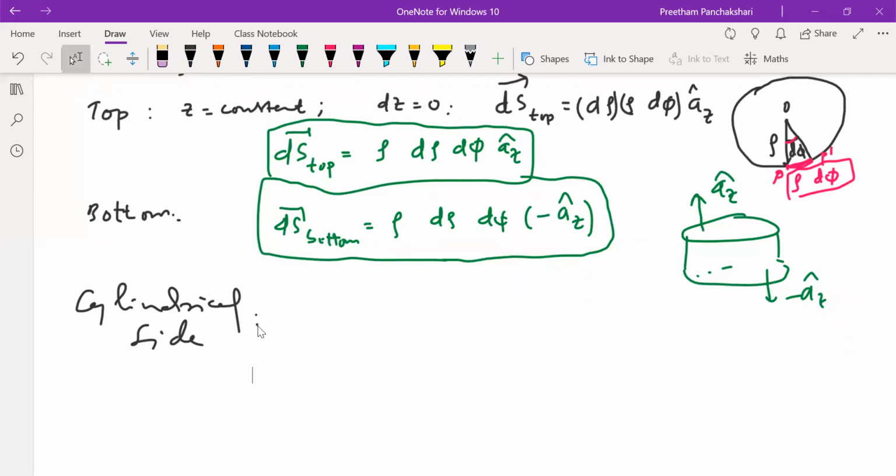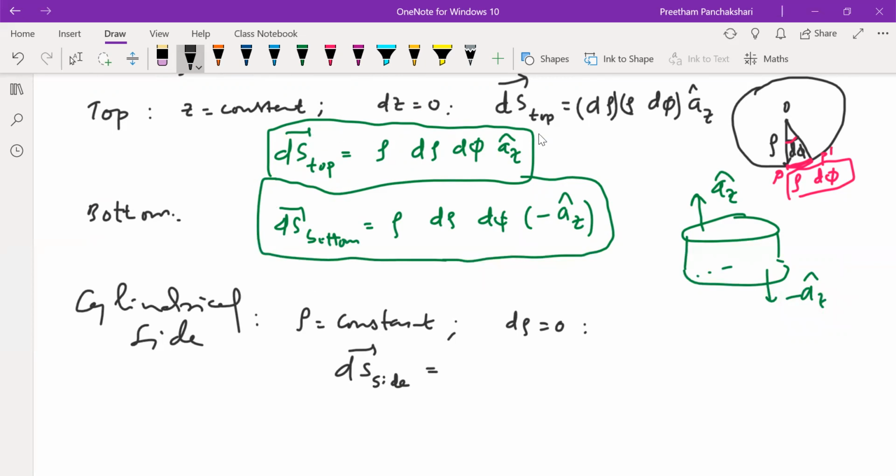When you work upon the cylindrical side, what is constant on the cylindrical side? For the cylinder, rho is always constant. The radius will be fixed for the given cylinder. When rho is fixed, the change in rho will not be there. So d rho is equal to 0. So we have the other two differential lengths which should be multiplied to get ds over the side.